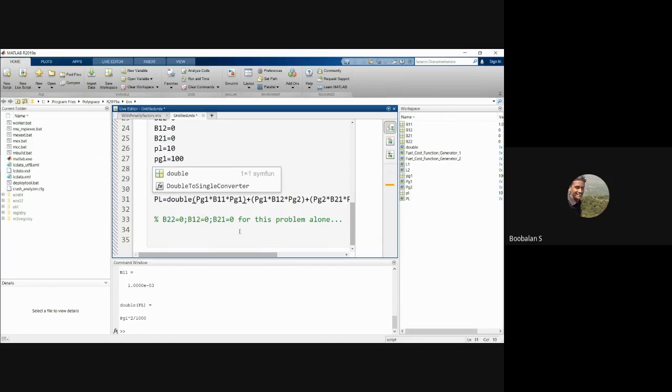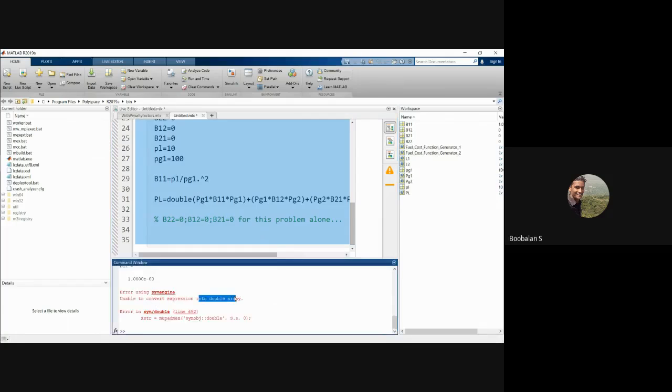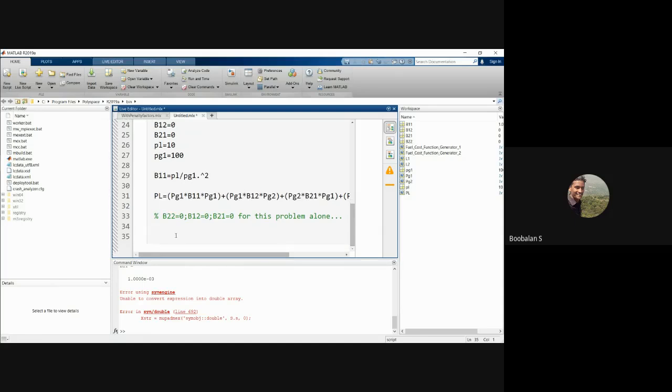Double of this one. It's showing an error: unable to convert expression to double array. It shows that we need to create it as an individual double. Anyway, I'm not going to use those double and individual equations. We'll continue, and see that later.